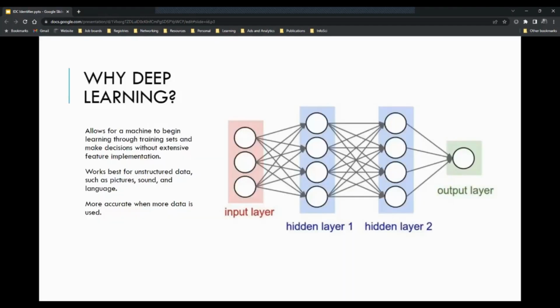So, why a deep learning network as opposed to another? A deep learning network allows us to continually iterate over larger and larger data sets and get more and more accurate results as the computer learns. Deep learning networks are great for unstructured data. As we're working with pictures, this is equally paramount.